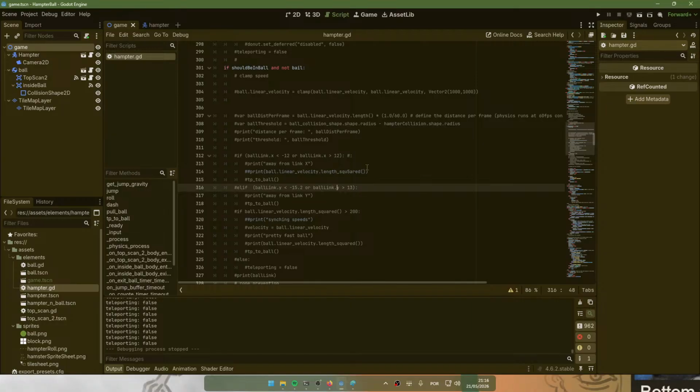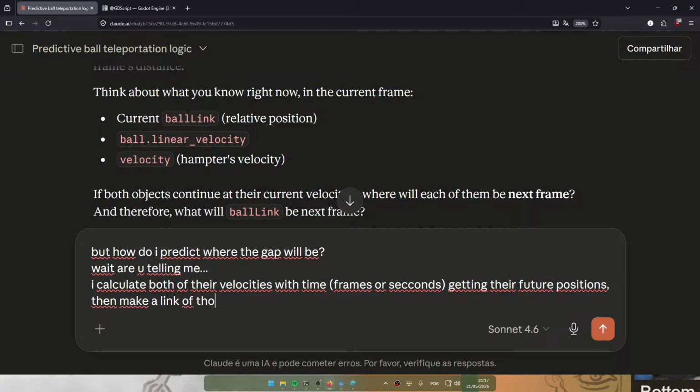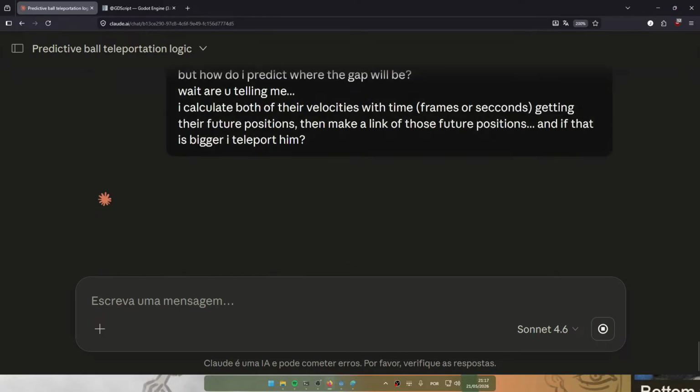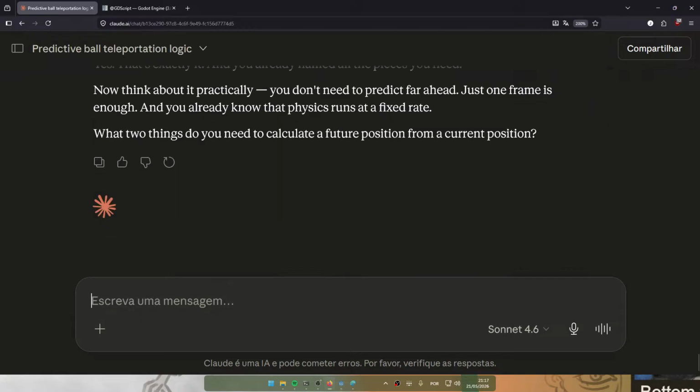It's not the distance per frame, that's something else. Fuck me, dude. I gotta do all that, man. I don't even know how to do the first step, dude.